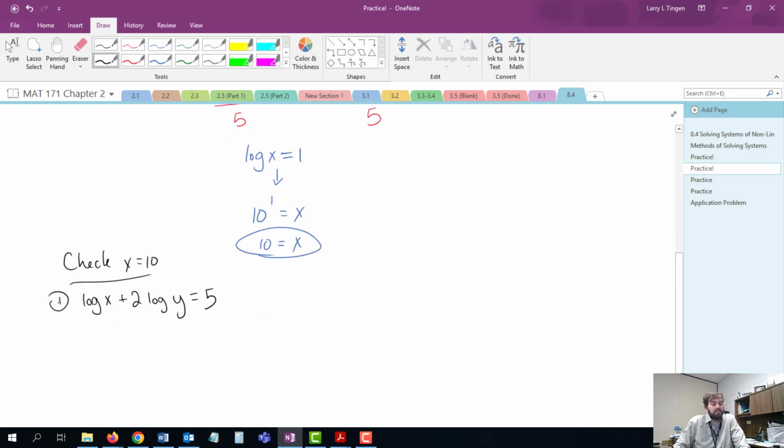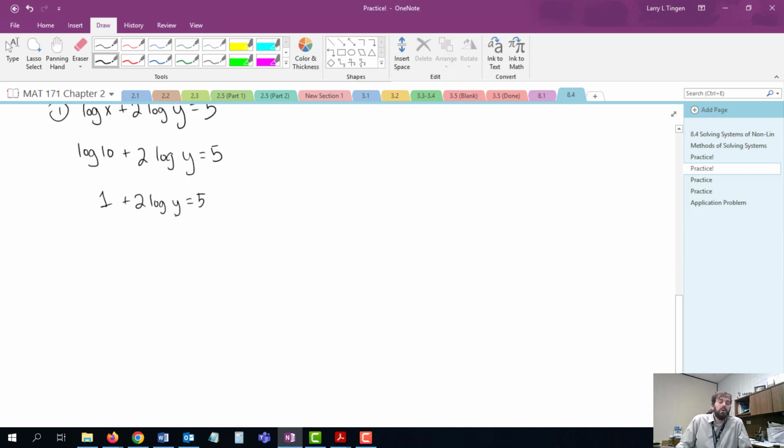Swap out the x for a 10. Log of 10 plus 2 log y equals 5. Log base 10 of 10 is just 1. What power do I raise 10 to get 10? 1, plus 2 log of y is equal to 5.